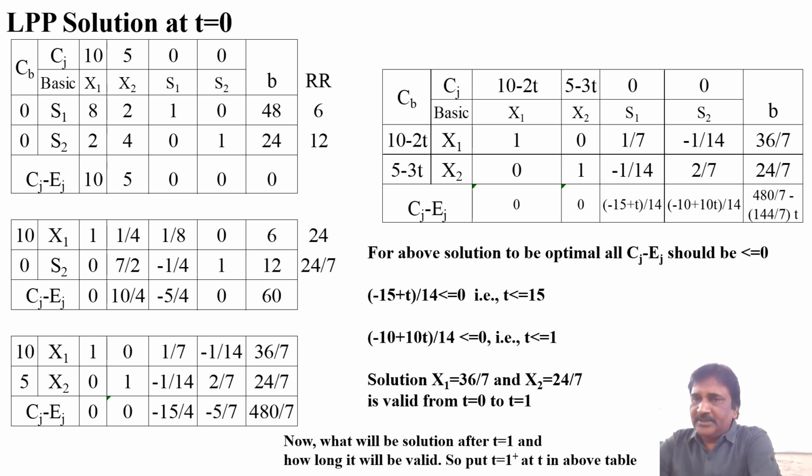I will get the Z value by multiplying these B values with these CB values, as we had been doing in simplex method, right? Now the question is, for how long will this solution be optimal? What solution?